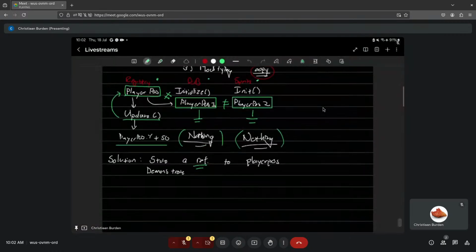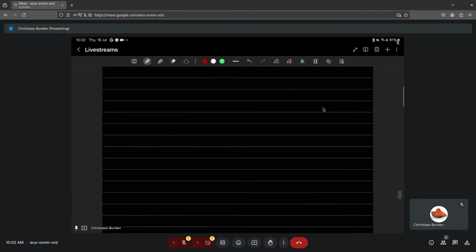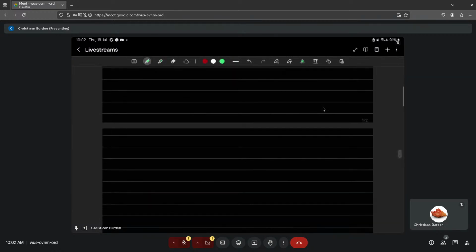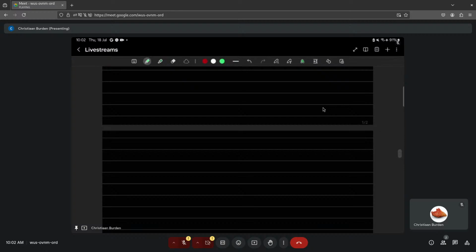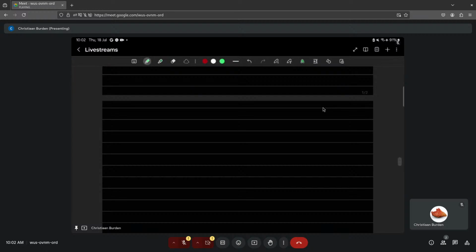So let me explain why we do things the way we do. First off, the reason we use Verlet integration is because we don't have continuous time steps, because computers can't divide, let's say there are 60 seconds in a minute and there are 1,000 milliseconds in a second, and so on and so forth.